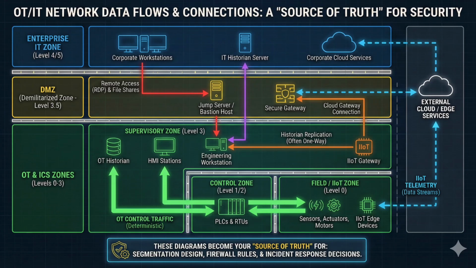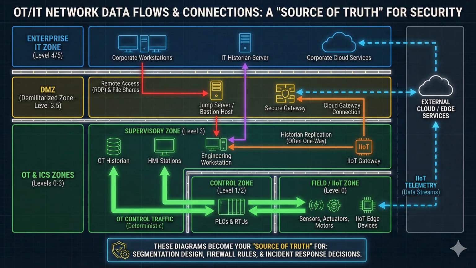Next, map data flows. Where does control traffic travel? Where does IIoT telemetry go? What connections exist between IT and OT: file shares, remote desktops, historian replication, cloud gateways?